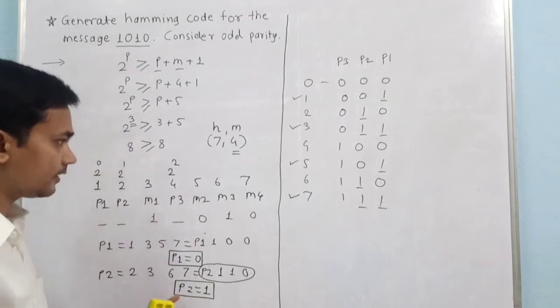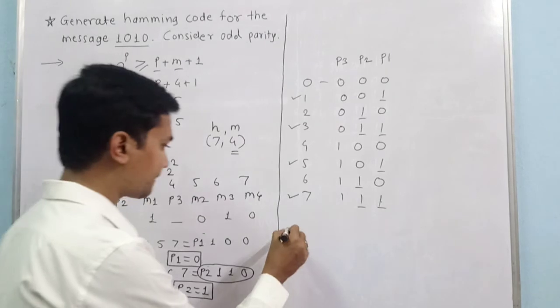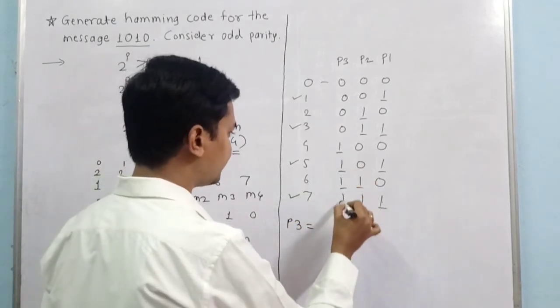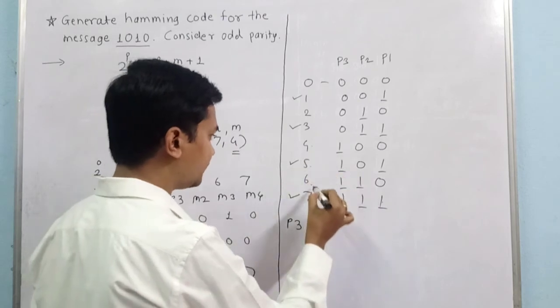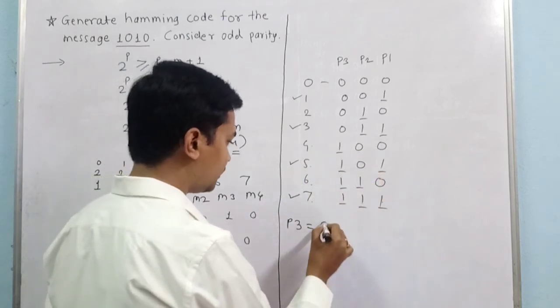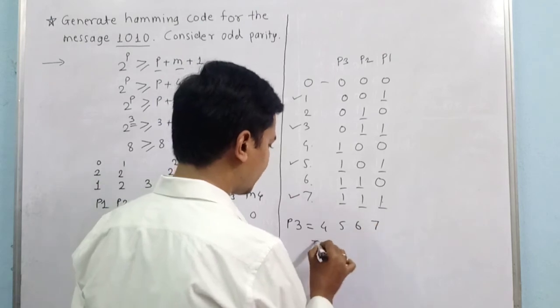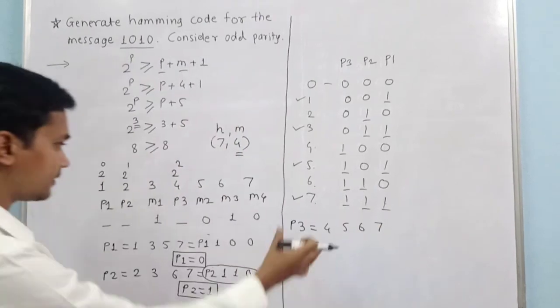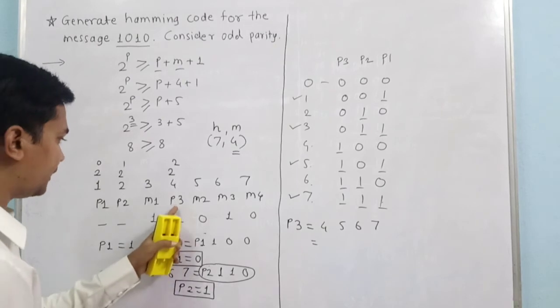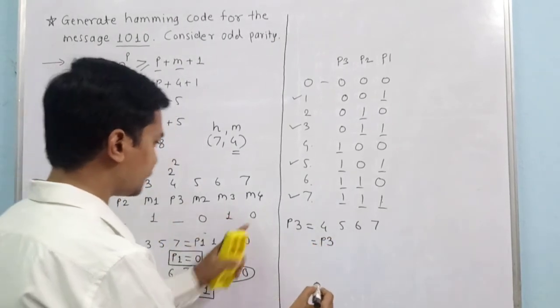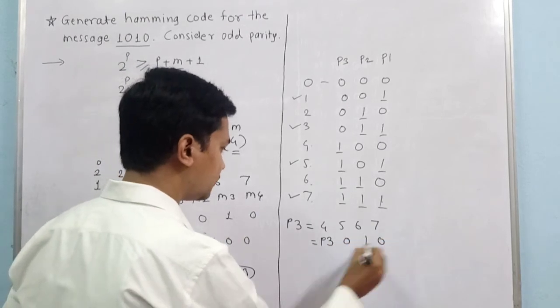Now how to calculate P3? P3 is equal to what? Positions 4, 5, 6, 7, where logic 1 is available. P3, 5, 6, 7 are 0 1 0, 0 1 0.